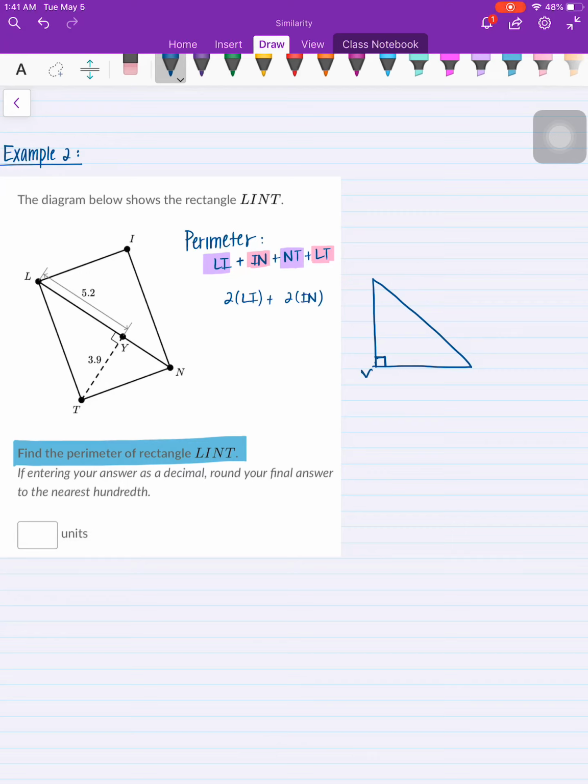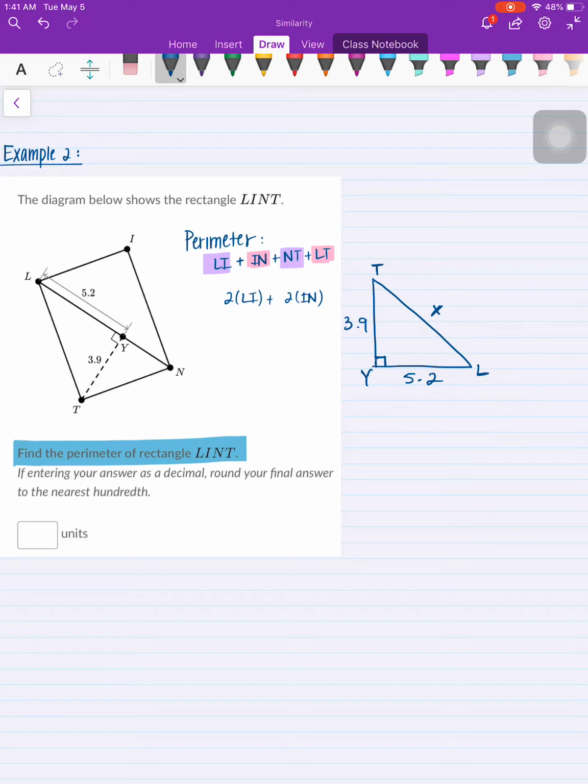This is my Y, then this is T, and this is L. So LY has a measurement of 5.2, and YT has a measurement of 3.9. We need to find LT here.